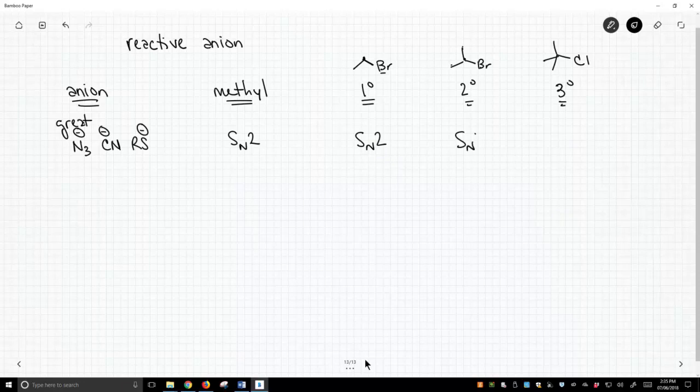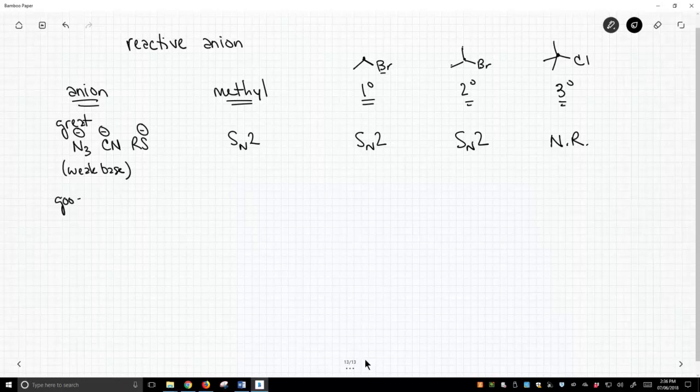Secondary halide, SN2. Tertiary halide, I don't care how good your nucleophile is, the great nucleophiles will not do anything to a tertiary halide. The halide is too hindered at that carbon for the nucleophile to attack it. And the fact is, these great nucleophiles are weak bases. So the idea of doing an E2 is off the table.